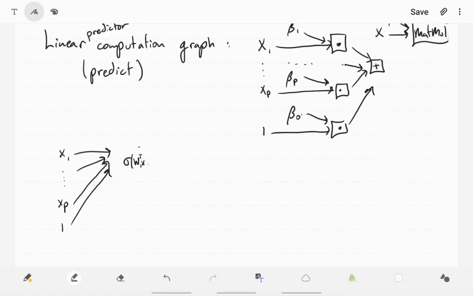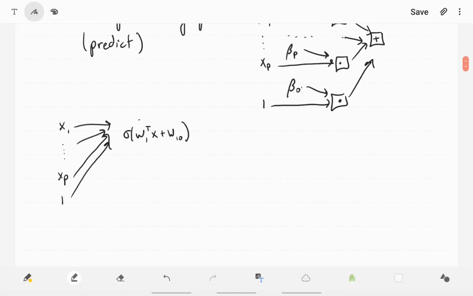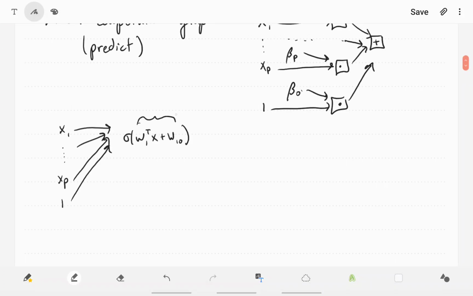Let's draw this whole thing out: W1 transpose X plus, let's call it W10. So we're going to create a linear function of the input, using our new variables. These are trainable variables, W1 and W10. And then this here is an activation function.